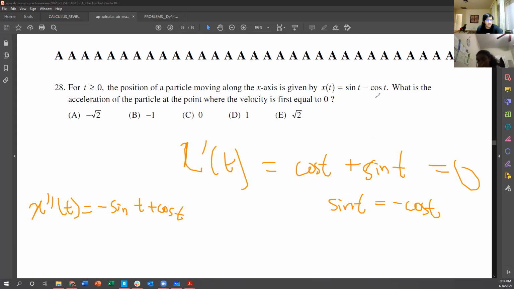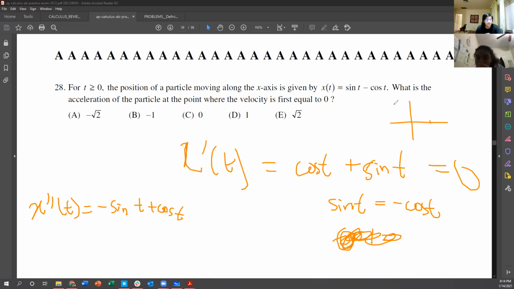Oh, I think there's a way we can do this. Now divide both sides by sine t. 1 is equal to, wait, no, this isn't going to work. Well, I know sine equals cos.